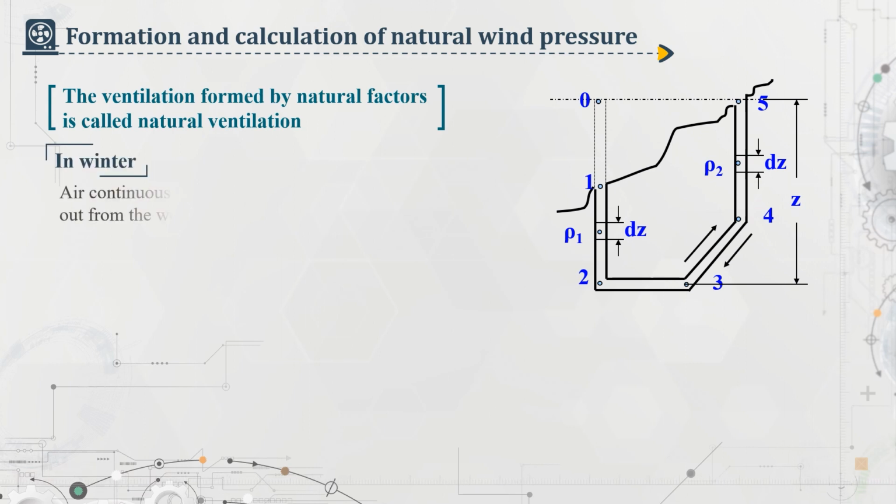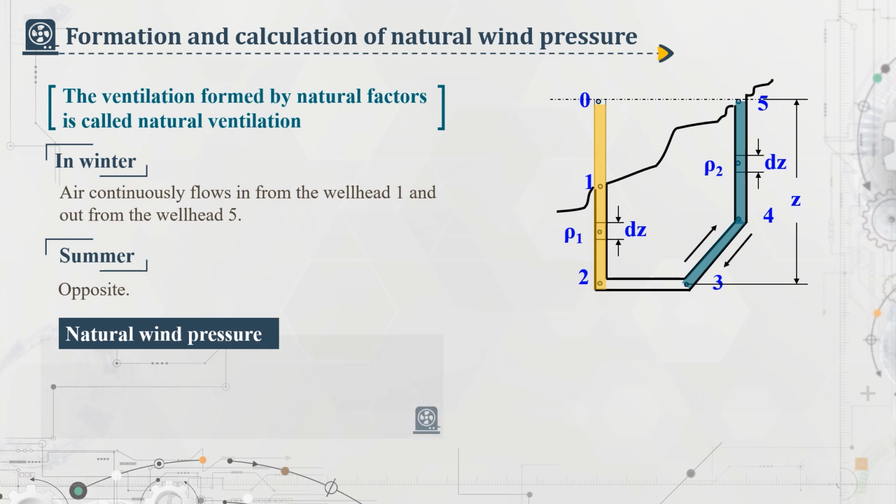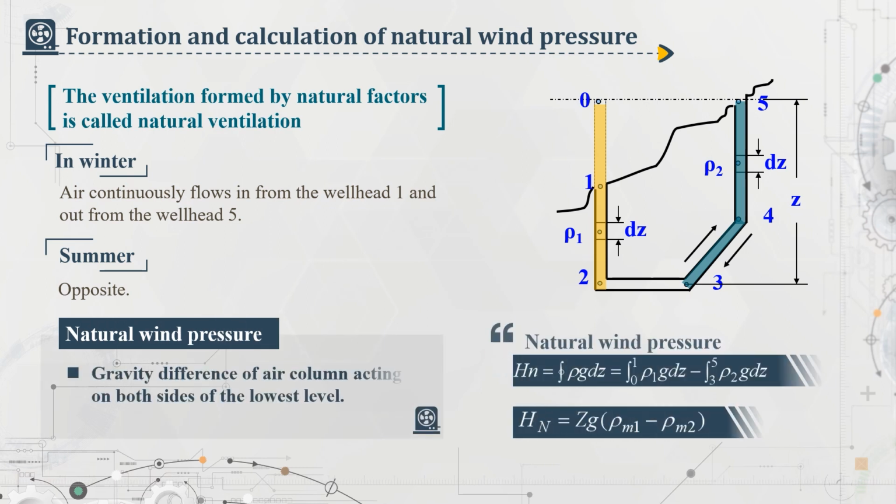In winter, air continuously flows in from the wellhead 1 and out from the wellhead 5. Summer, opposite. Natural wind pressure, gravity difference of air column acting on both sides of the lowest level.